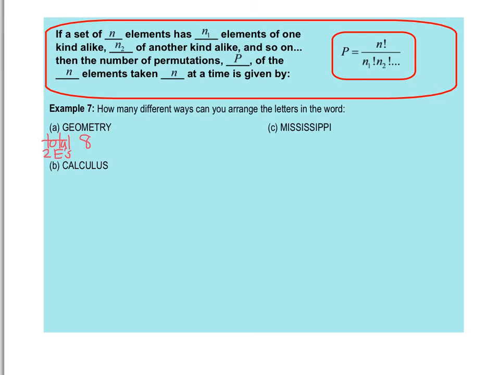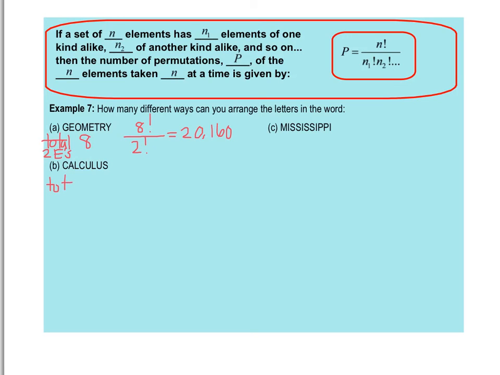So what we're going to do is take 8 factorial and divide out the number of repeats, which we have 2 E's. So it's going to be 8 factorial divided by 2 factorial, which we get 20,160.